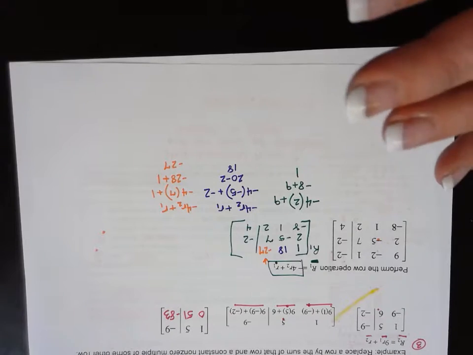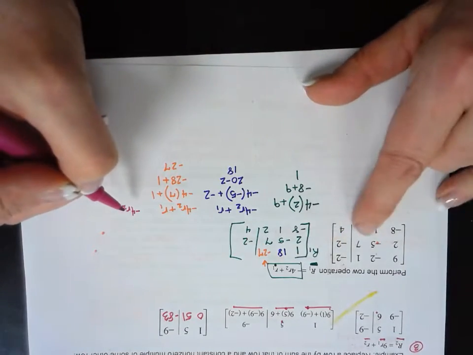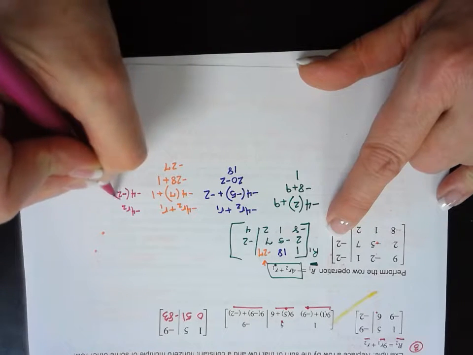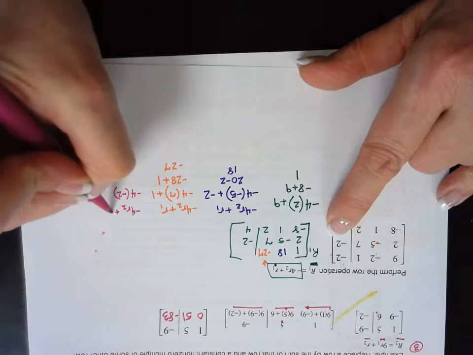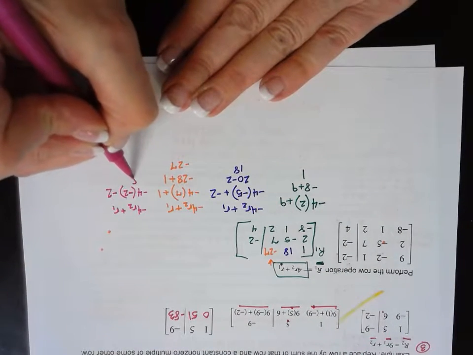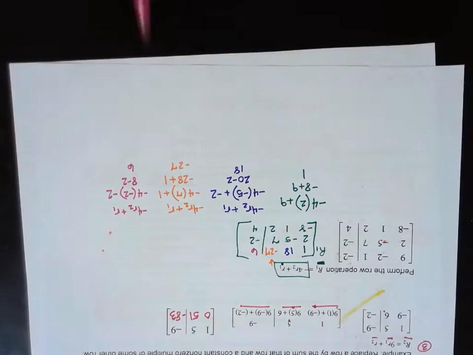One more time: negative 4 times row 2 is negative 4 times negative 2. Add row 1, minus 2. So I'm going to have 8 minus 2, and so my final one is 6.